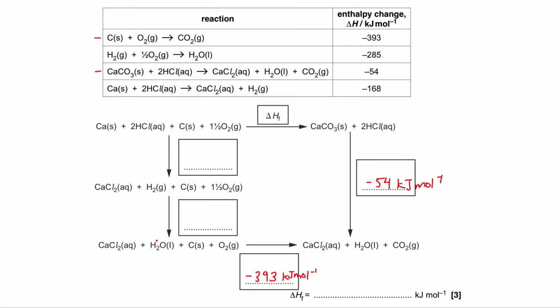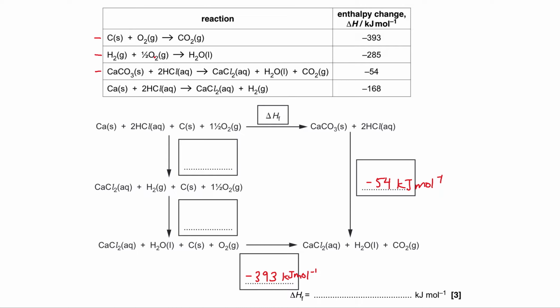This arrow over here, so again, look at what's not changed. So calcium chloride stays the same and carbon stays the same. Okay, so over here we've got H2 reacting with 1.5 O2 to make H2O. Okay, so over here, that matches to this reaction over here.